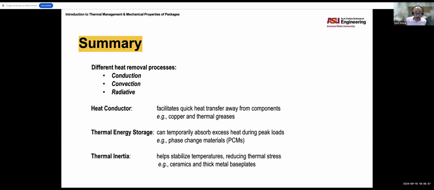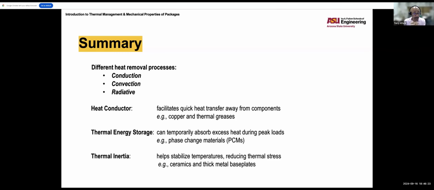That fluid could be liquid, could be gaseous, okay? But that fluid will come, transfer the heat, and take it away. Radiative, that's where we have photons being emitted from the surface, and they're quantized units of energy so that they take the heat from the surface. Typically, it's more effective and efficient if you're in a vacuum.